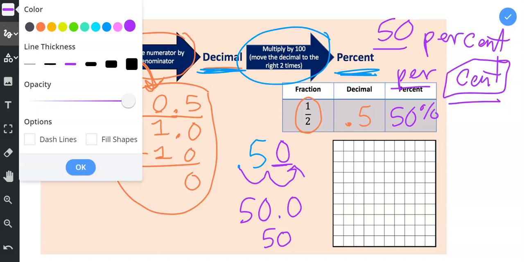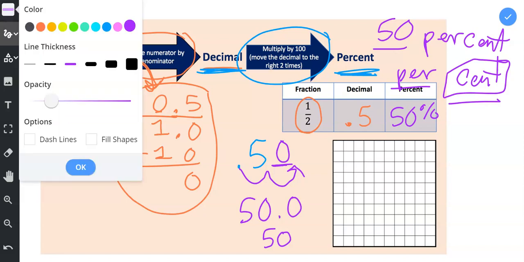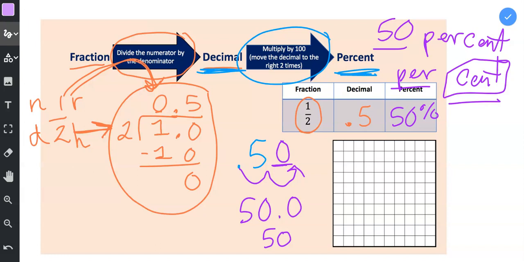So I'm going to now go over to the opacity and change it to a lighter color so that I can highlight. Oops, and make it a larger highlighter. And then this grid here is 10 by 10, and 10 by 10 means that there's 100 squares here.